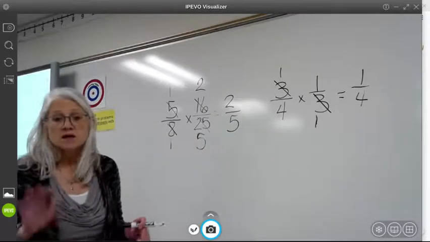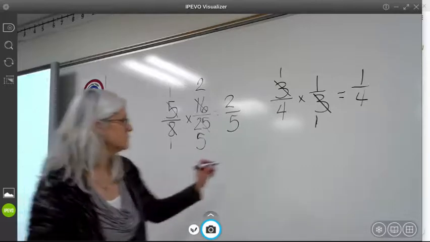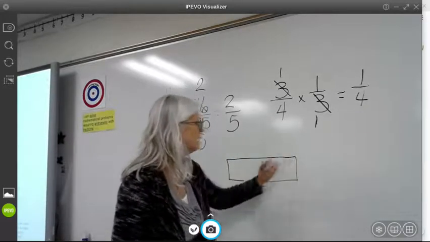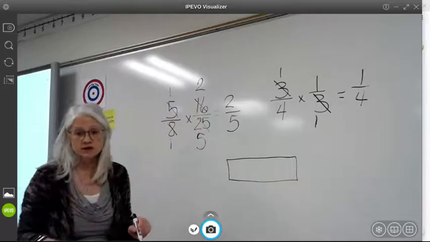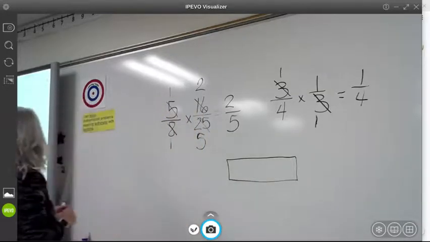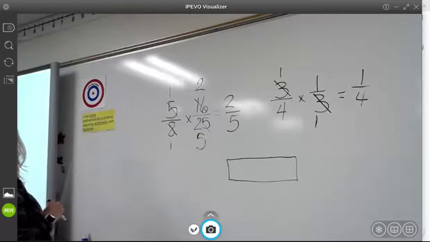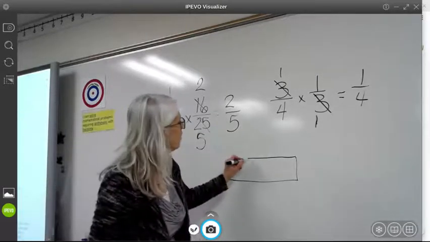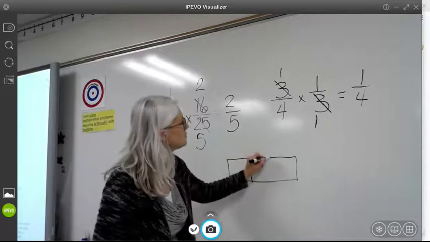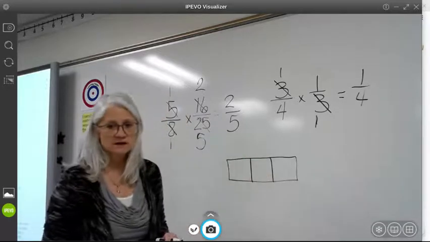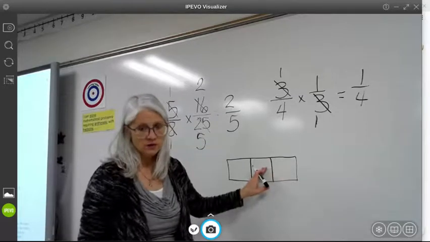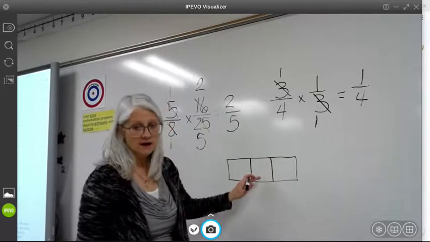Okay, so we have Ian, and he has this backyard. I'm going to make it rectangular just for the sake of the fraction piece. In his backyard, 2/3 of it is going to be a garden. So if I turn this whole backyard into 3 sections, 2/3 is going to be garden.